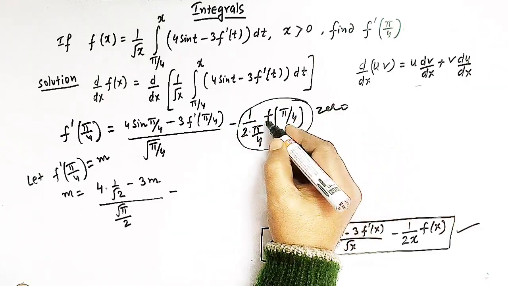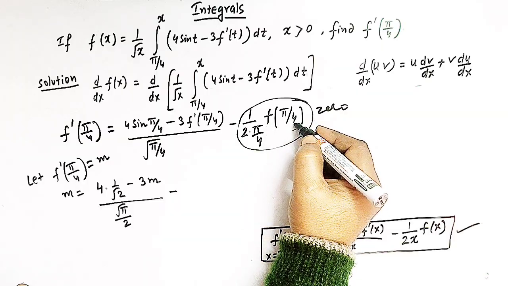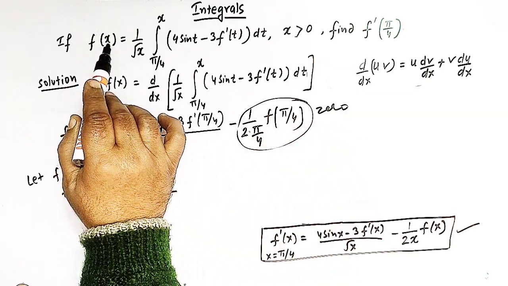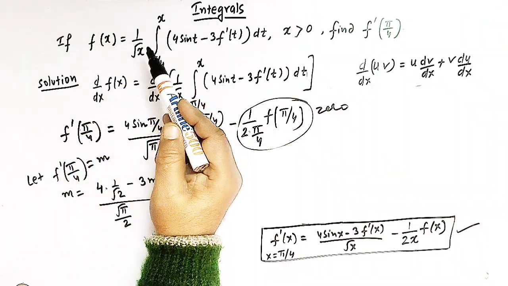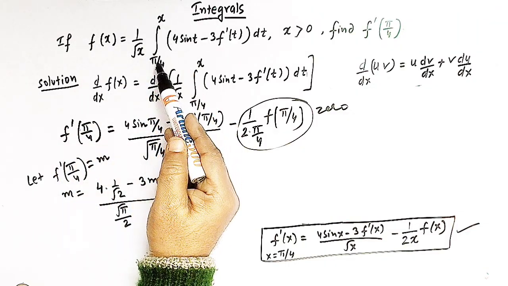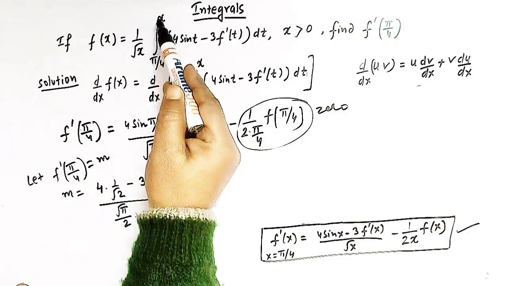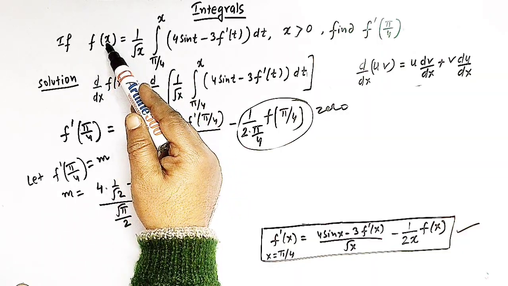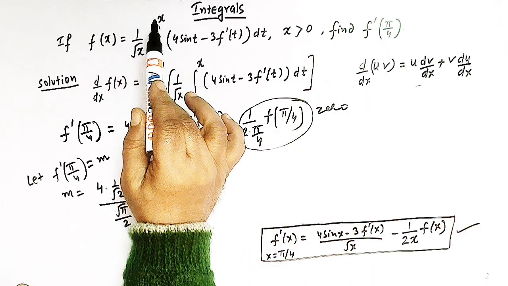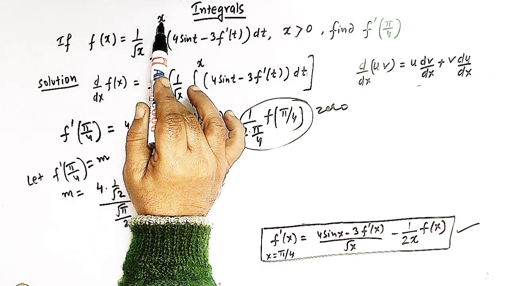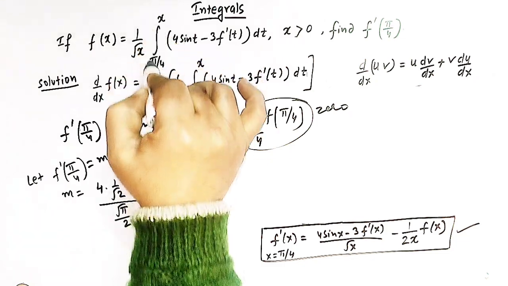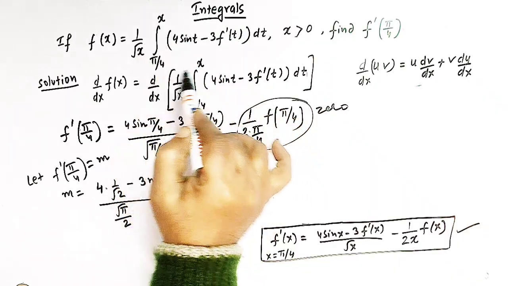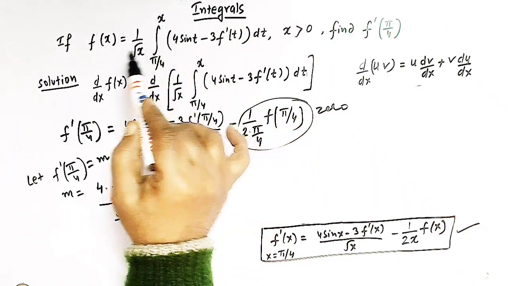Because see, here we have f of pi by 4, and if we take here x is equal to pi by 4, then we can see that both the limits become equal, right? So the lower limit is pi by 4, and when we take x is equal to pi by 4, then here also we have pi by 4. So when both the limits of integration are equal, then the integral is equal to 0, right?